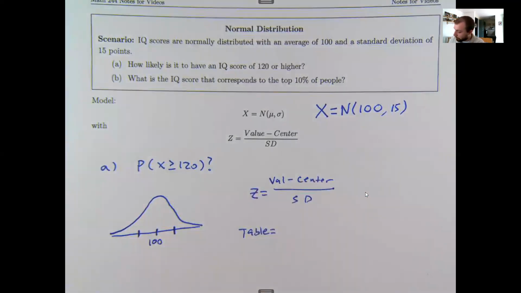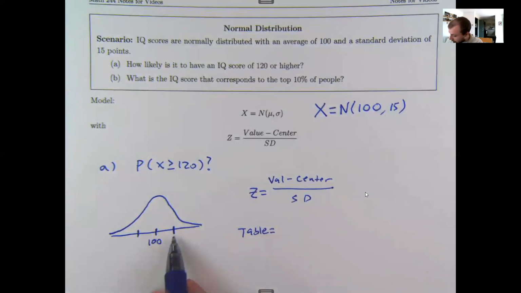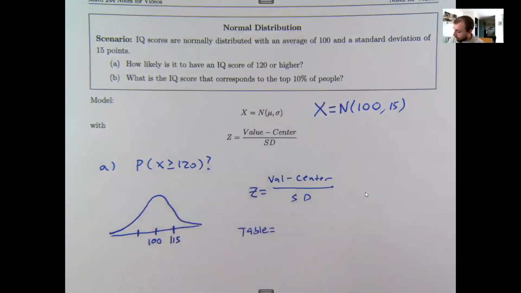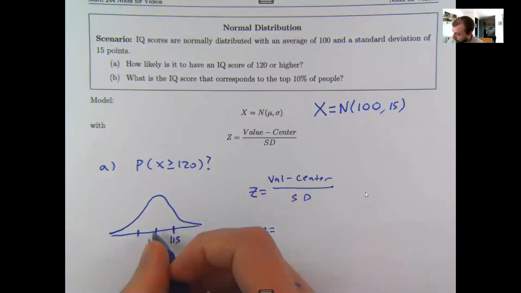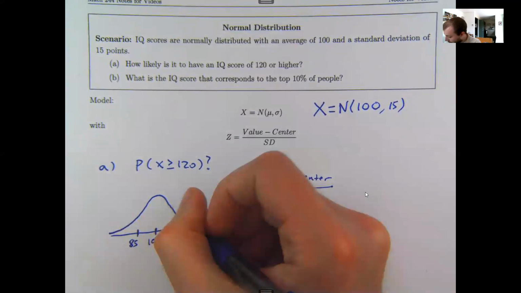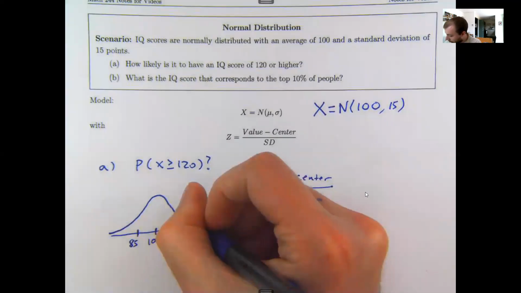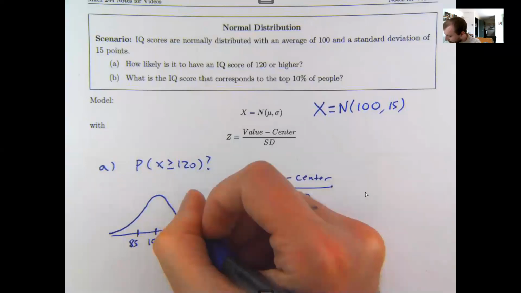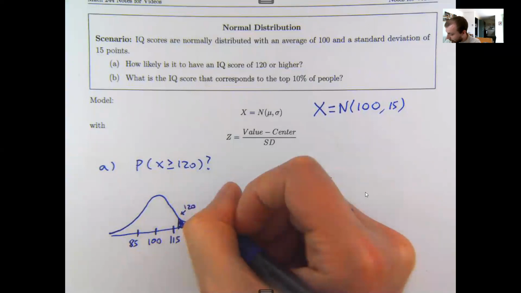So if you do 100 plus 15, this is 115 right here. If you do 100 minus 15, that gives you 85 here. And this is asking for 120, which is a little bit more than 1 standard deviation away, or more. So this, or shaded to the right. So I'm trying to find that area there.